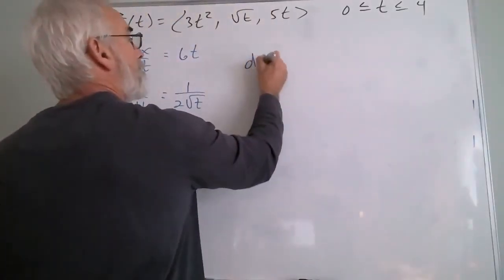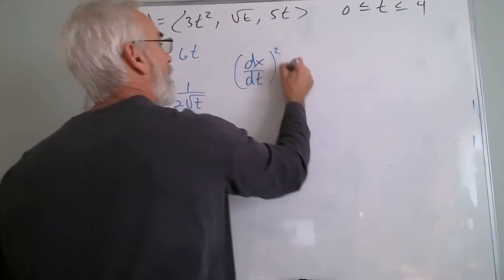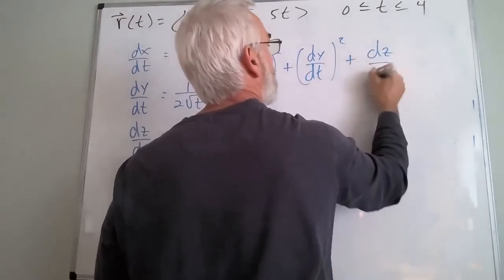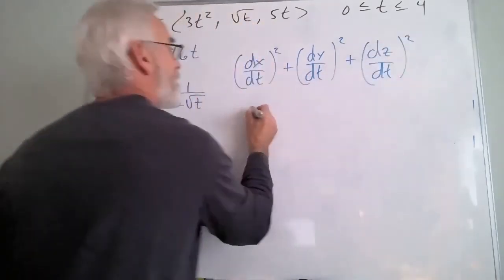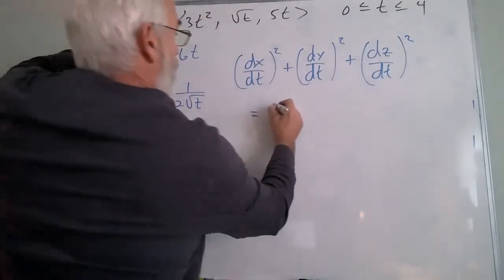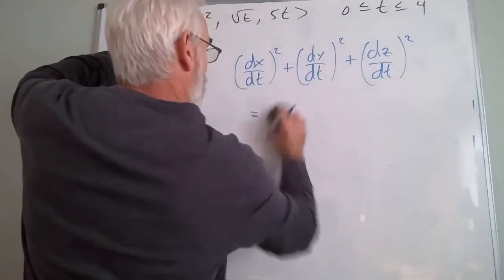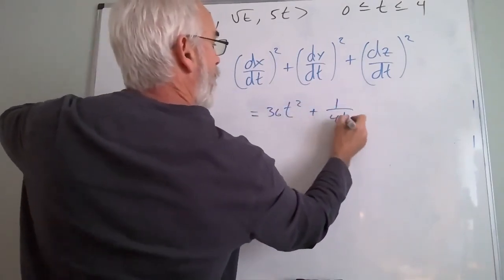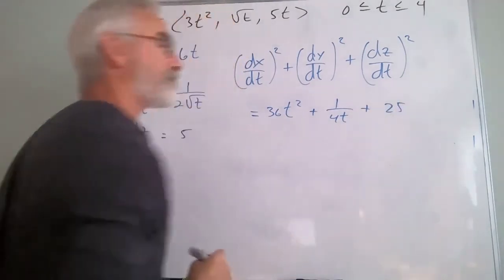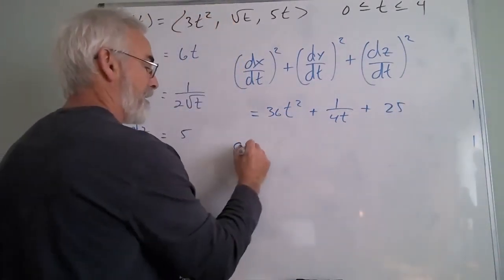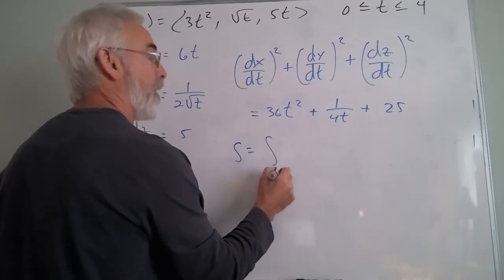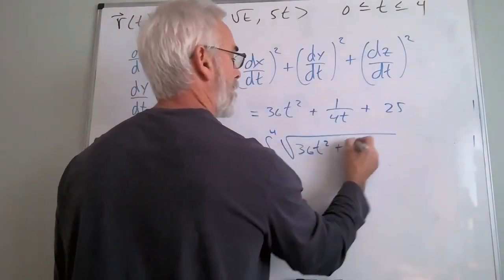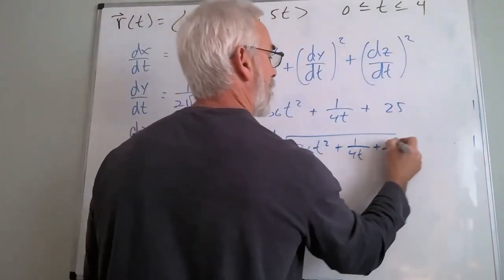So next, dx/dt squared plus dy/dt squared plus dz/dt squared is equal to, I'll write it up, 36t squared plus 1 over 4t plus 25. So I can say with certainty that the arc length is the integral from 0 to 4 of the square root of this quantity dt.